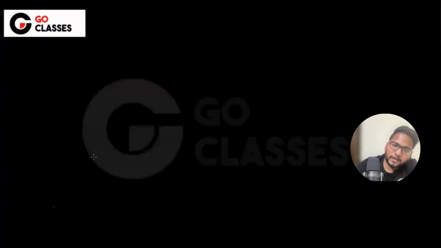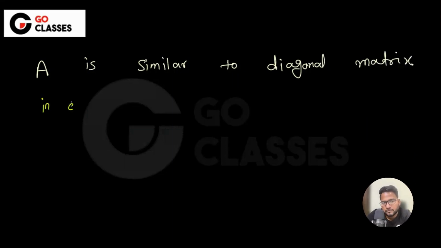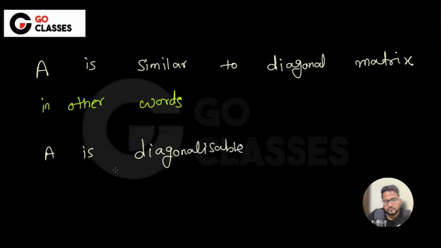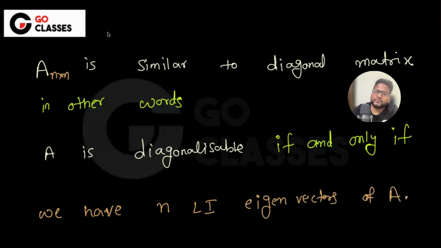So basically, A is diagonalizable, or A is similar to a diagonal matrix, or in other words, A is diagonalizable if and only if we have, assuming A is of dimension n cross n, n linearly independent eigenvectors of A. Let me know if that is understood to everyone.